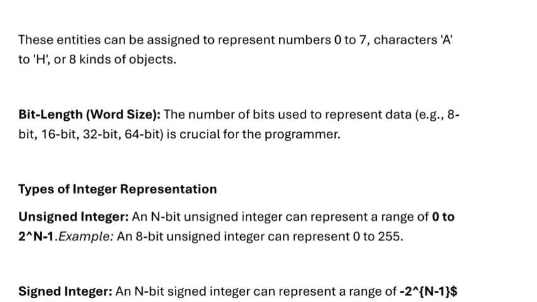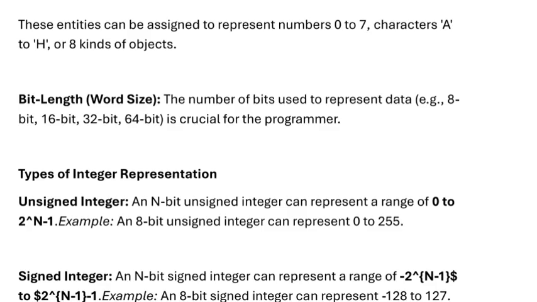These entities can be assigned to represent numbers 0 to 7, characters A to H, or 8 kinds of objects. Bit length (word size): the number of bits used to represent data, e.g., 8-bit, 16-bit, 32-bit, 64-bit, is crucial for the programmer.